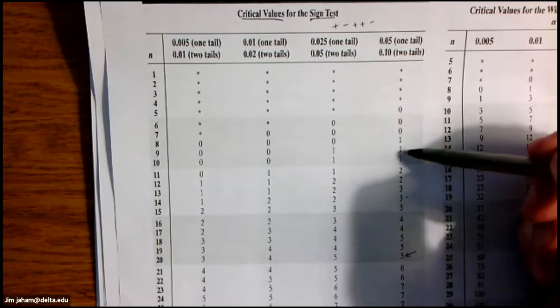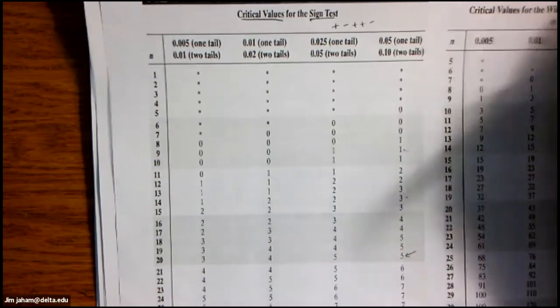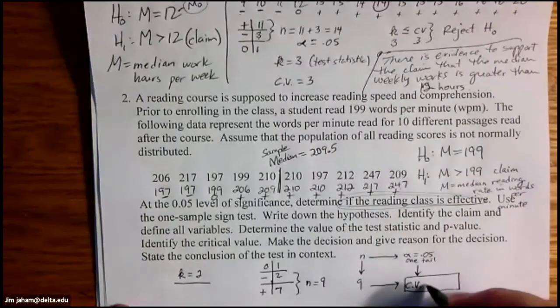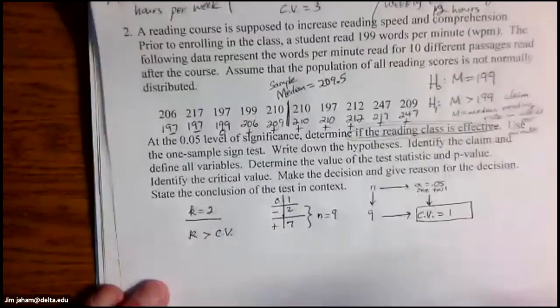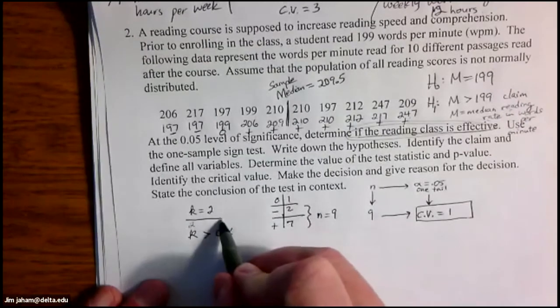So the critical value is 1. K is 2. K is greater than the critical value, because 2 is greater than 1.